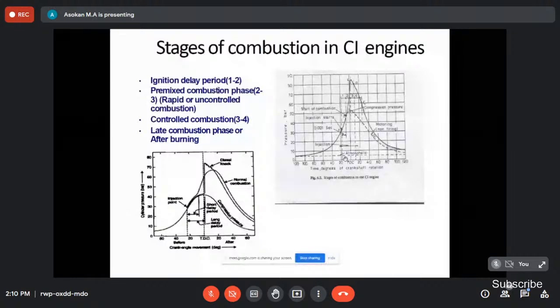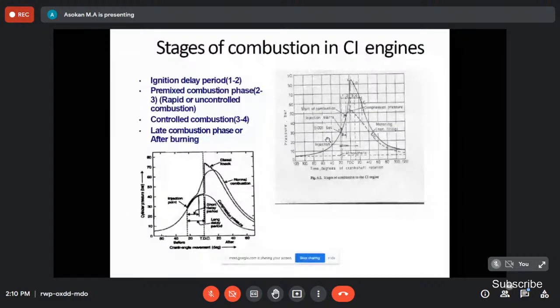Once the fuel is injected, it won't burn immediately, right? The fuel keeps on being injected, and the injection ends after some time, around 0.001 second.